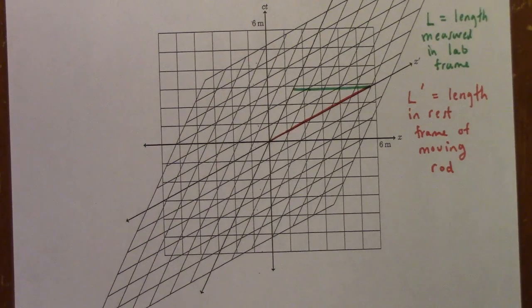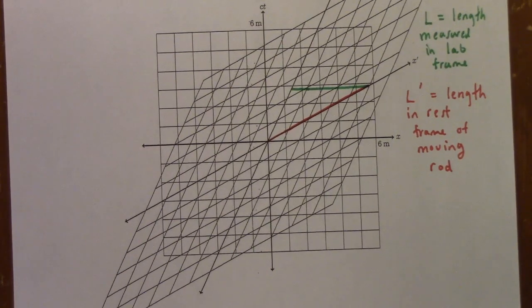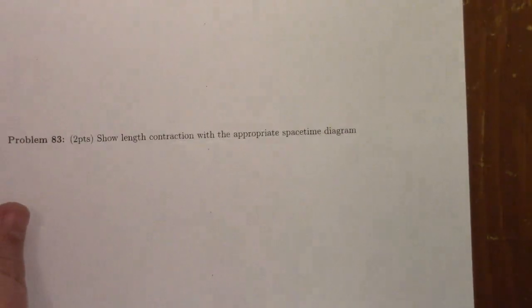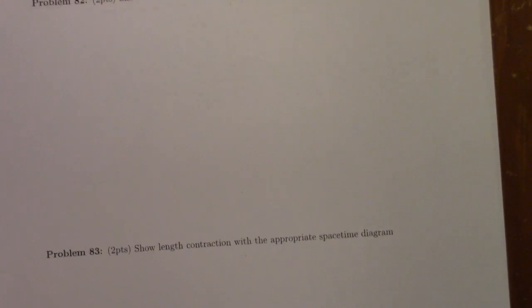So that's that. Now, just to be more specific, you can use what I just showed you. I want you to draw it again for yourself. That is the answer to problems 82 and 83.